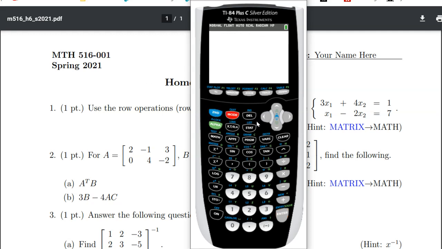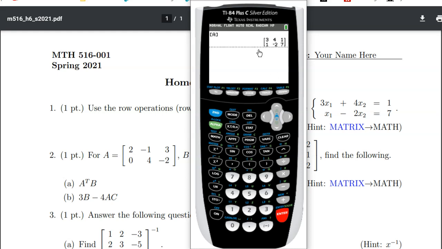What we want to do is edit, apply row operations to a matrix. So I'm going to bring it out and see what we have. So matrix, and I'm going to choose 1. That's matrix A. If you hit enter, it tells you what you have so far.